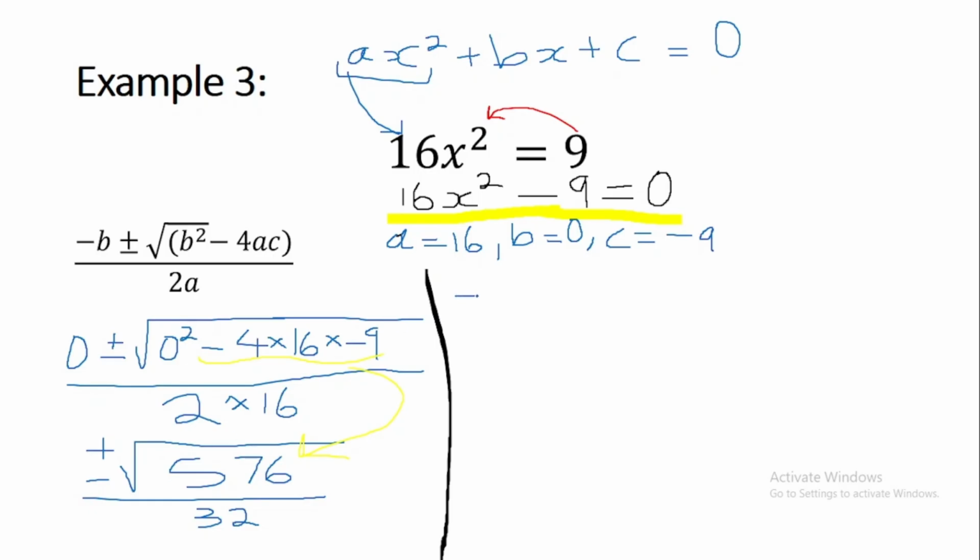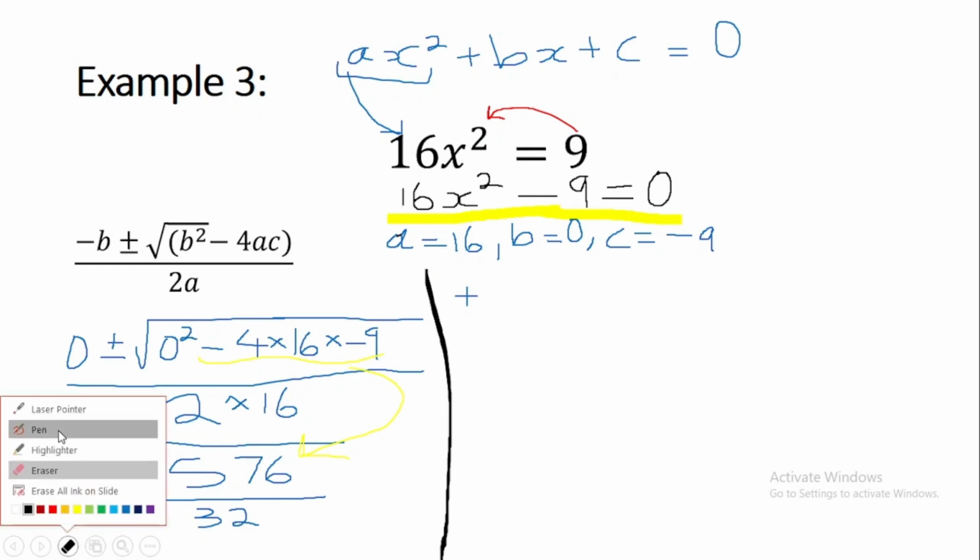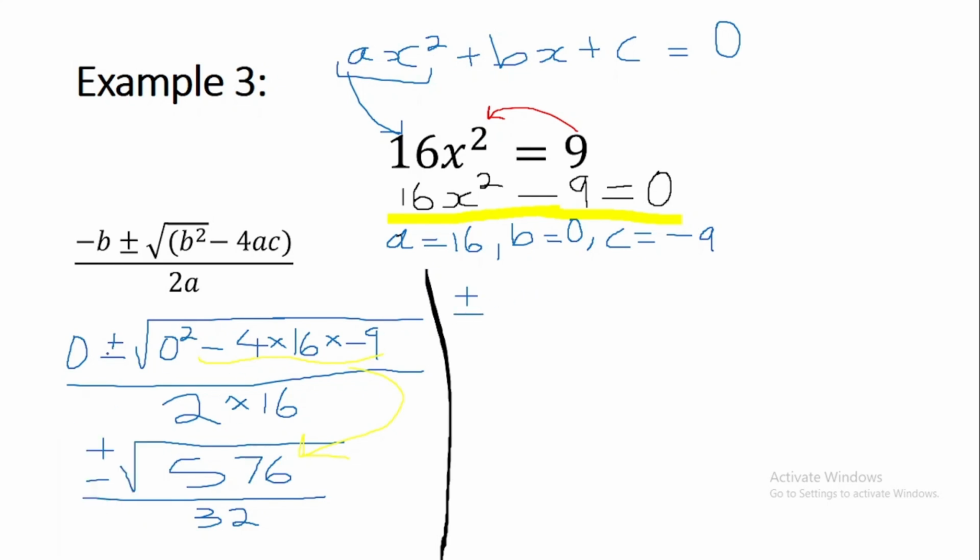So we're going to have plus or minus, and notice I didn't put any b before it because b is 0. It doesn't make any sense to have the 0 in front of the plus or minus because it's not going to do anything. So plus or minus the square root of 576. The square root of 576 is equal to 24. So it's going to be plus or minus 24 all over 32.